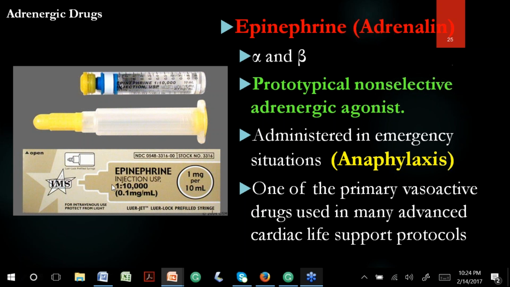So you put here 1,000 milligrams and 10,000 mLs, and you divide by removing the zeros, and you're going to have 1 milligram every 10 mLs. If you divide it by 10 again, that is going to give you 0.1 milligrams per ml. So that is what is telling you this number.